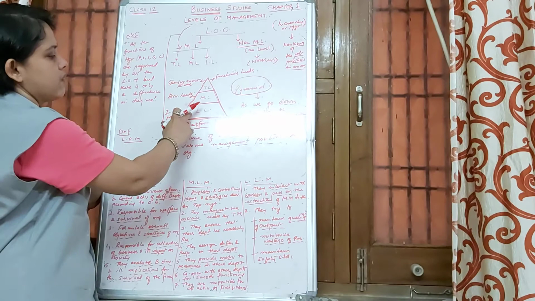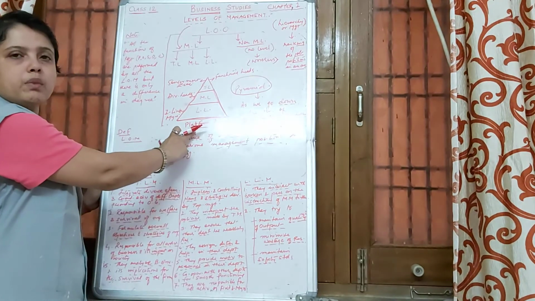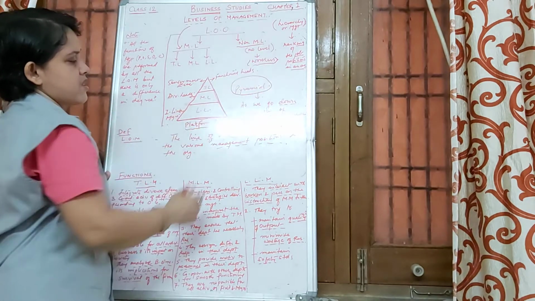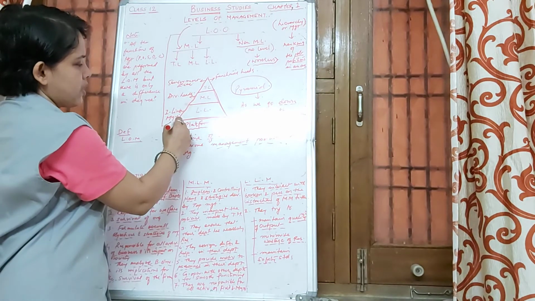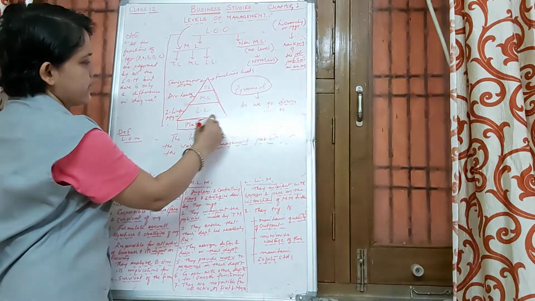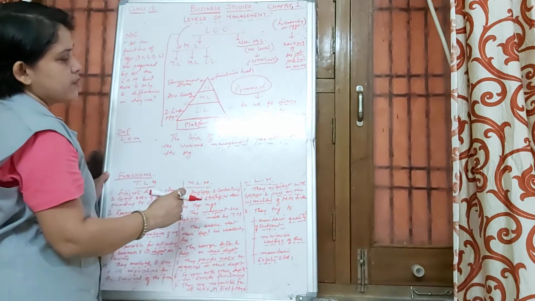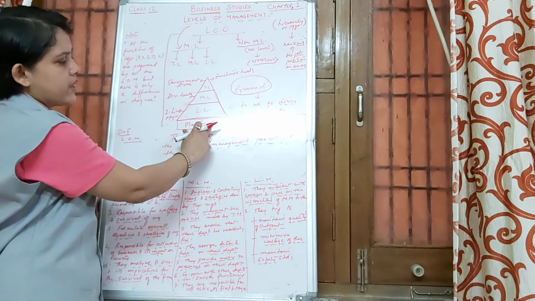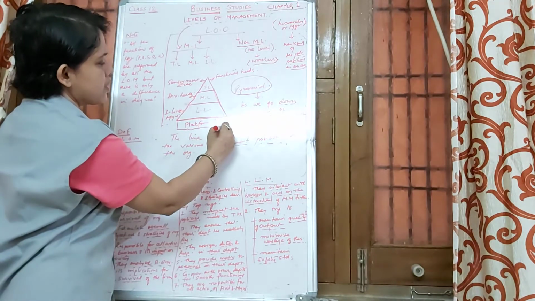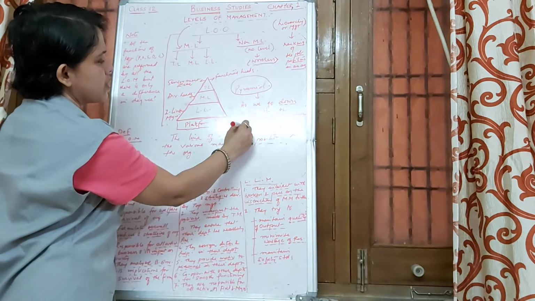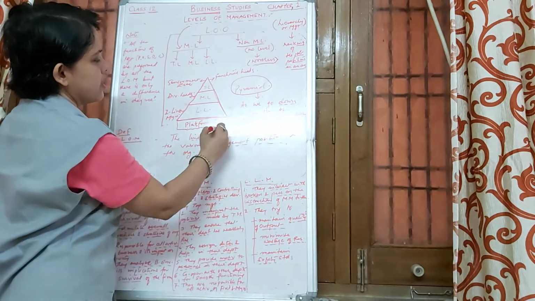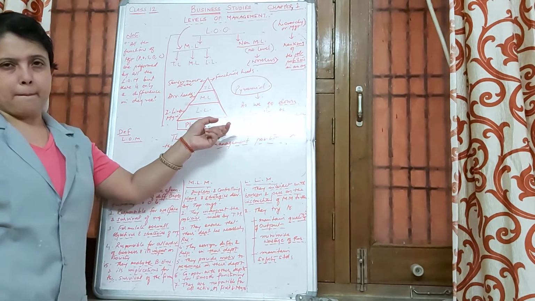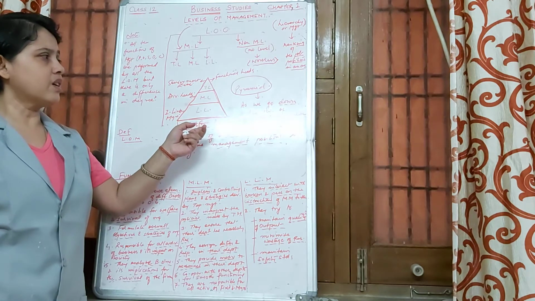And below lower level is the non-managerial level, that is the level of the workers. And this is called the platform area. Why this is called the platform area? Because it is the place where the workers work. Platform area is the place of work. And that place of work is occupied by the workers. And that is the non-managerial level.